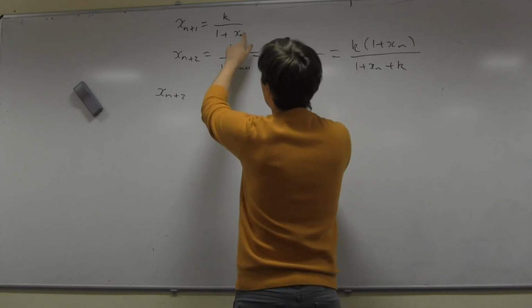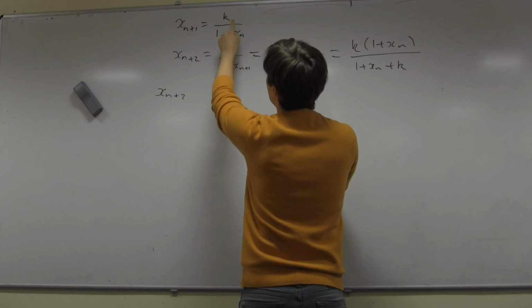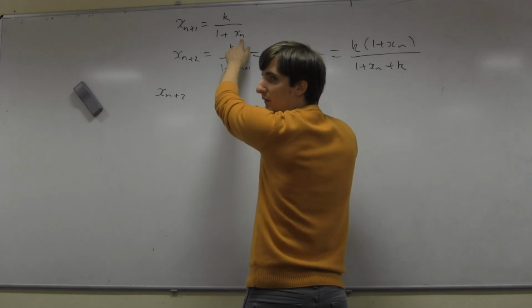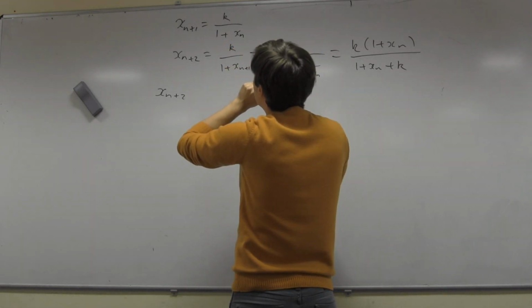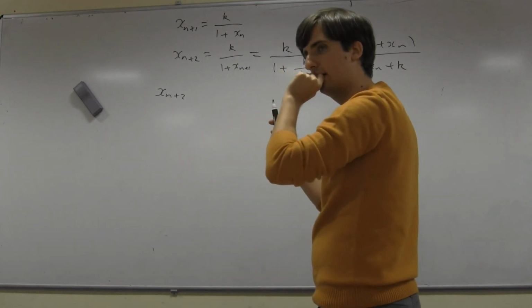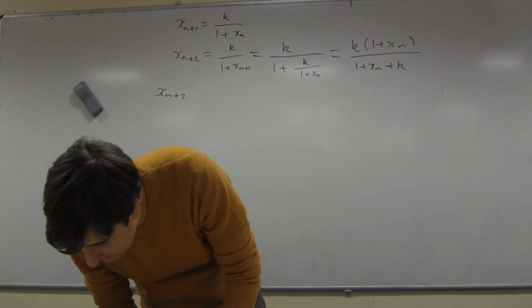So if x1 is 1, what would x2 be? x2 would be 1 divided by 1 plus 1, so x2 would be a half. But why is k 1? Well, I was just taking a value to see what happens. Okay.